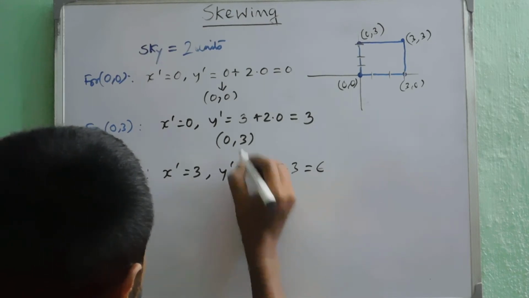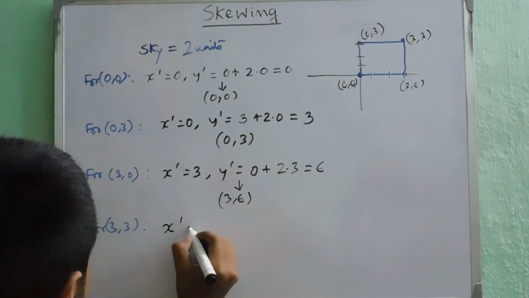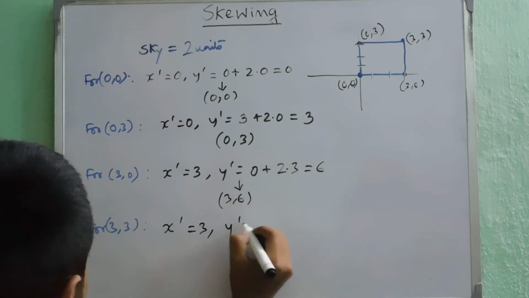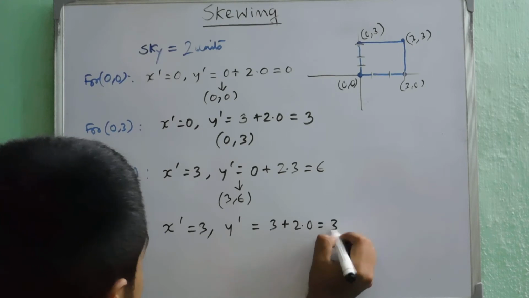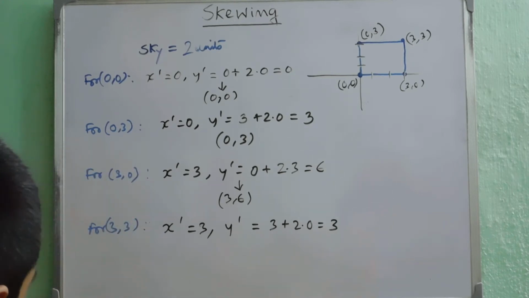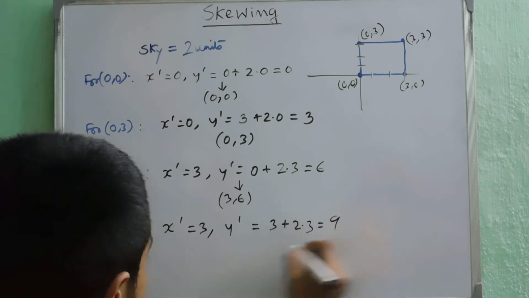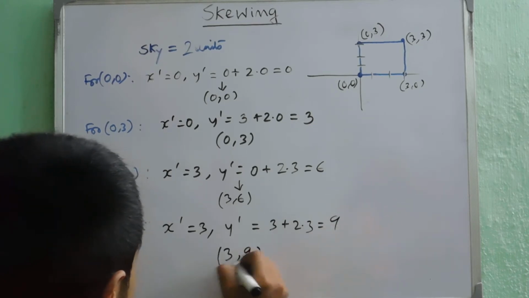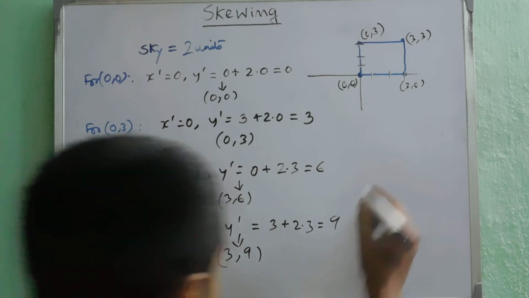So this will be 3, 6. For 3, 3, x dash is 3 and y dash will be 3 plus 2 into 3, that will be 9. So 3, 9. So we have 0, 0, 0, 3, 3, 6 and 3, 9. Let's plot this.